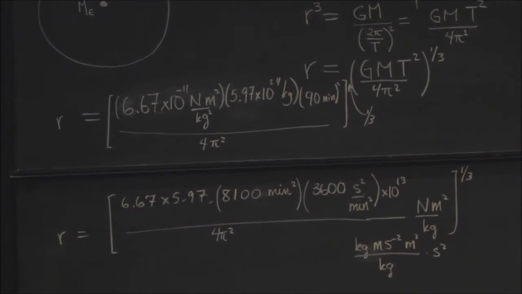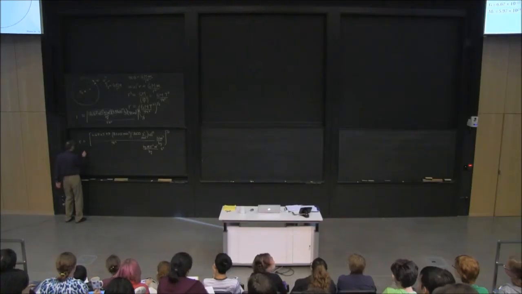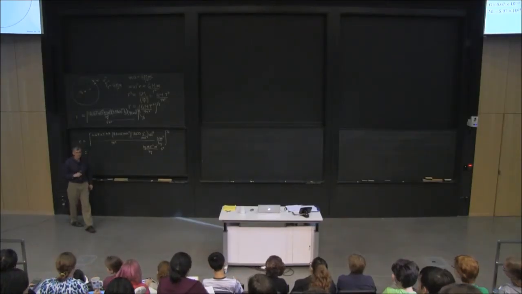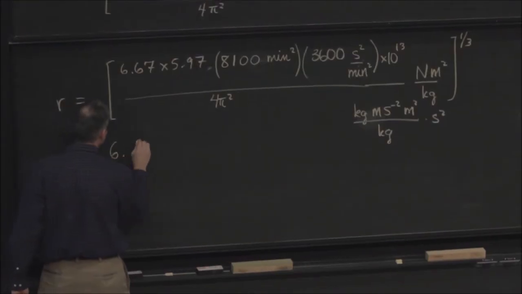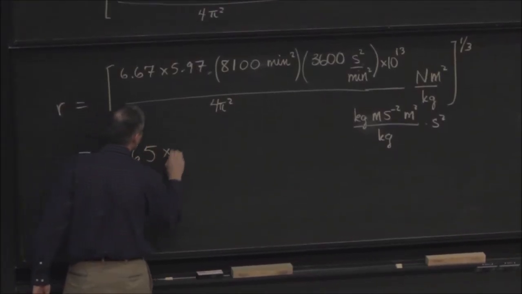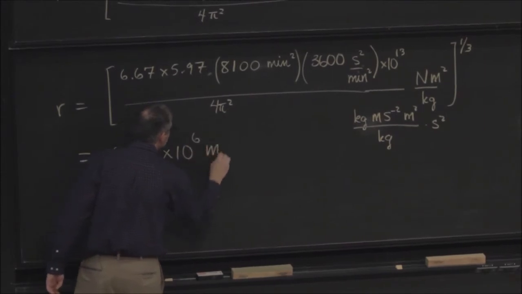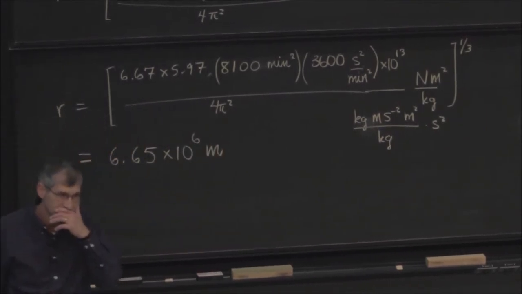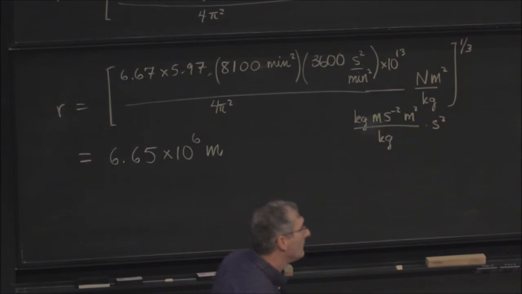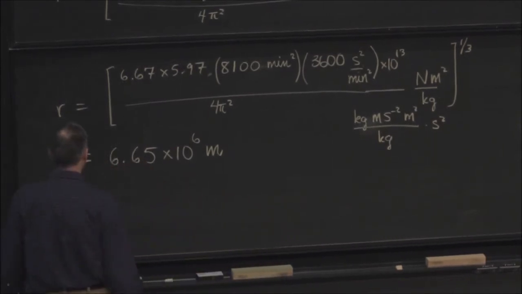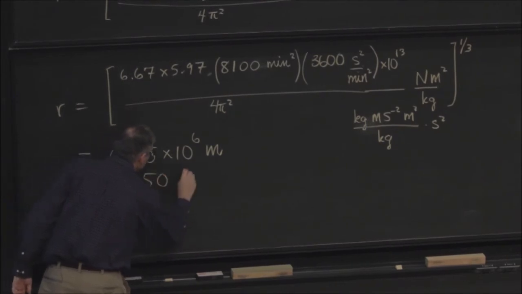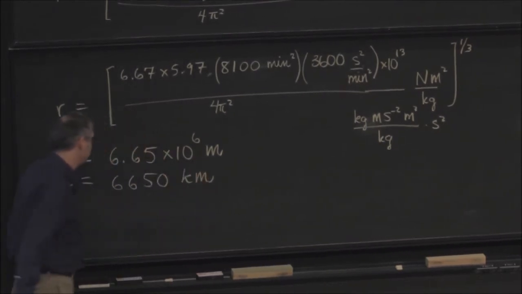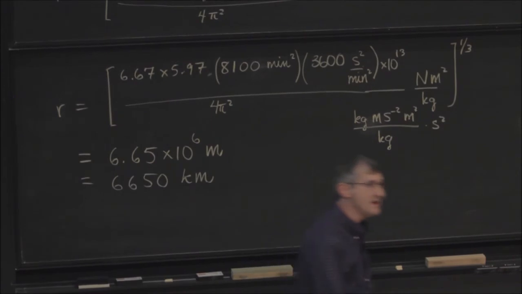So I get meters cubed. And if we run all the numbers, presto changeo, somebody have a calculator, I think we get 6.65 times 10 to the 6 meters, or 6,650 kilometers.